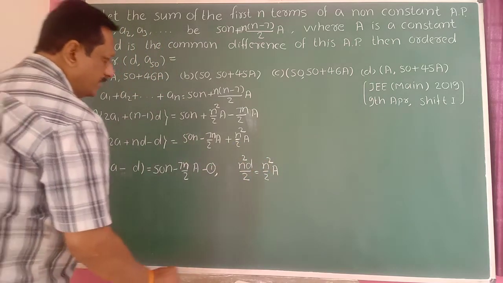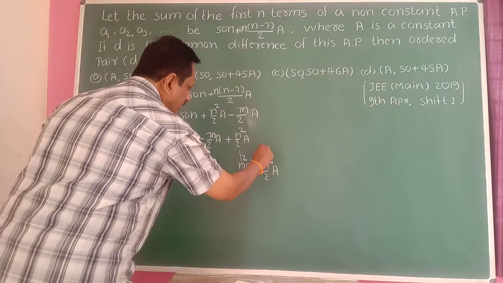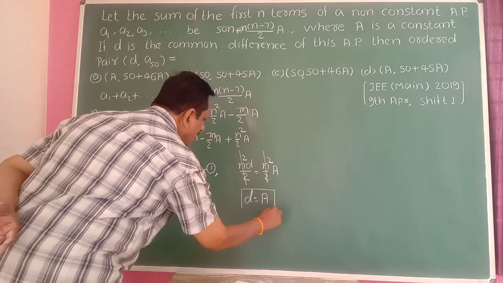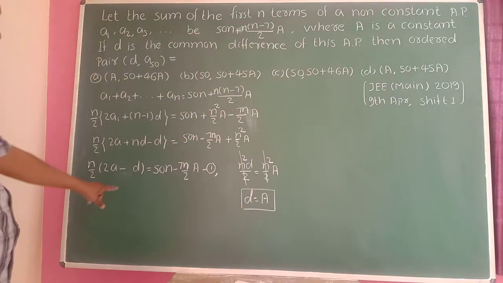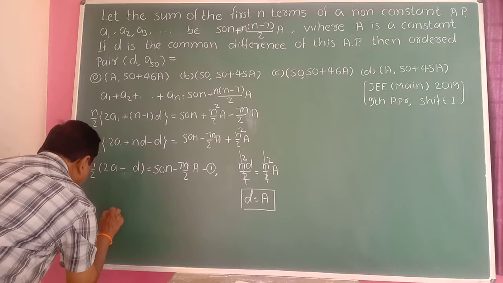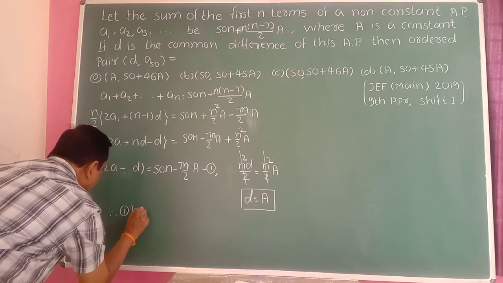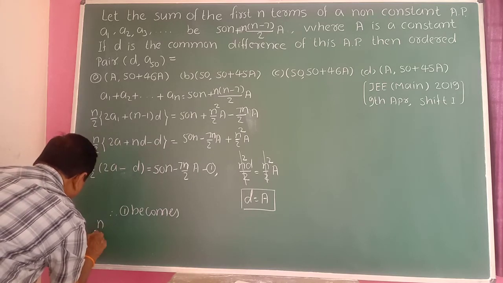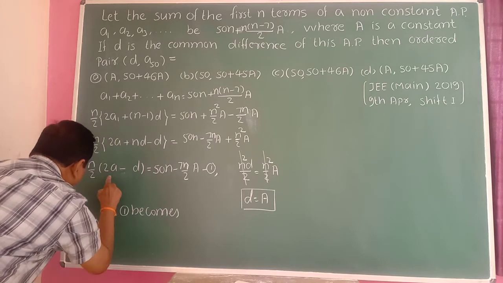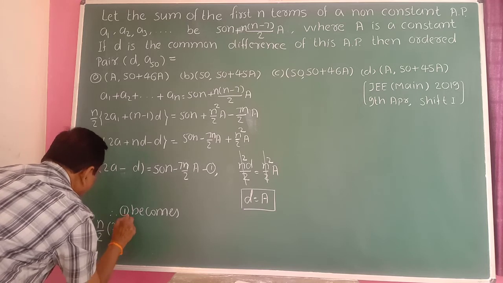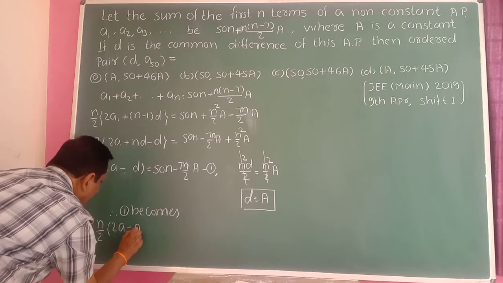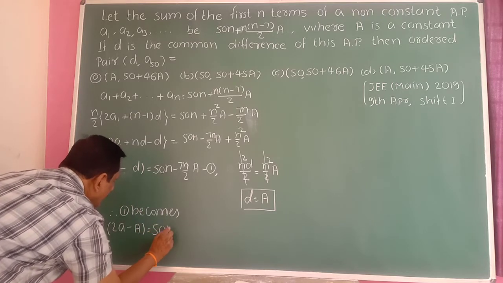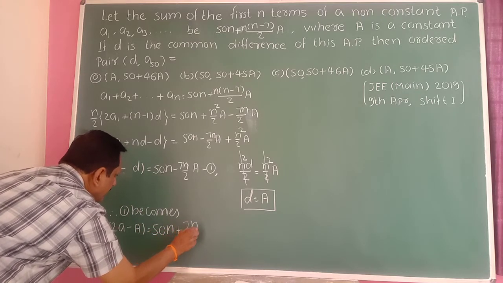Therefore this n square by 2 cancels here. So d is equal to a_n. So put d is equal to a here. Therefore 1 becomes 1 divided by 2n into 2a minus d is a_n, that is equal to 50n plus 7n, so minus n.